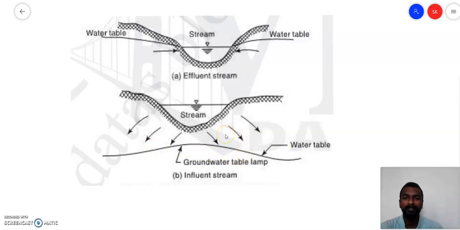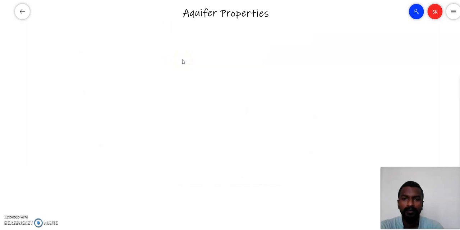So this will dry after a few days, and this is called an influent stream. Water is going from the stream towards the water table here, and from the water table towards the stream there. So this is called effluent, and this is called influent stream. This is the main important basic concept of effluent and influent streams. So we have covered till now what is perched water table, influent stream and effluent stream.